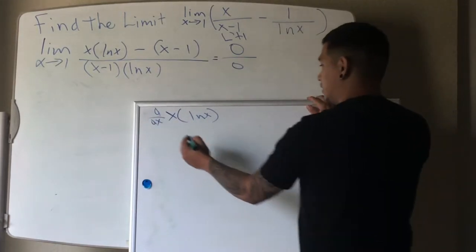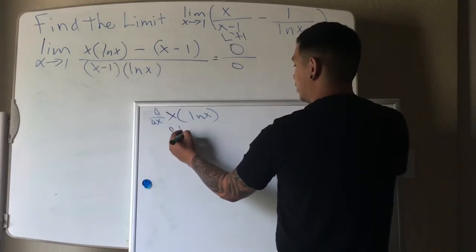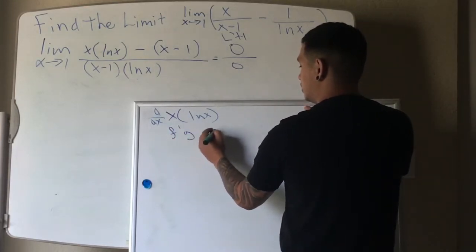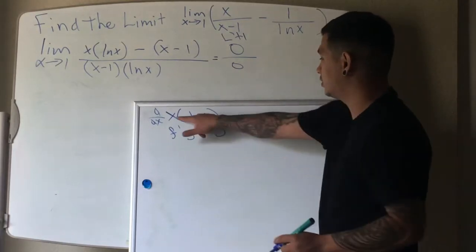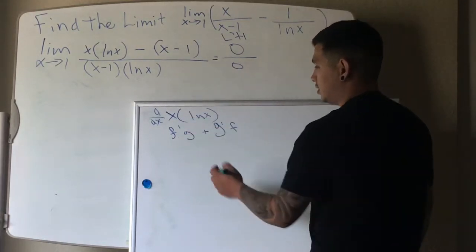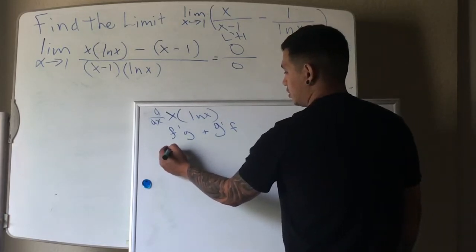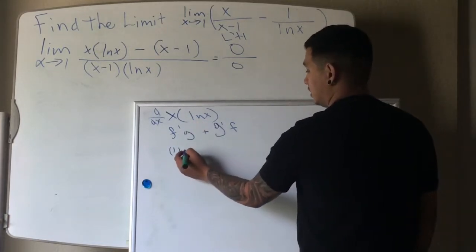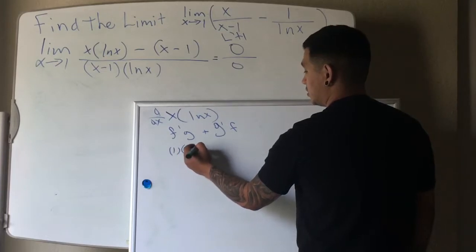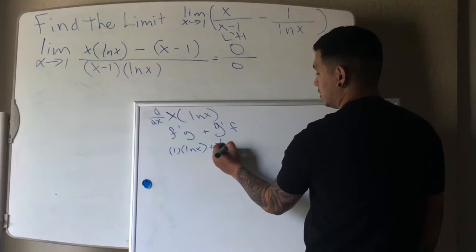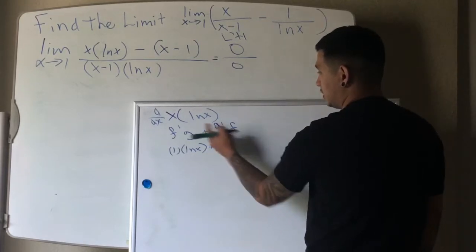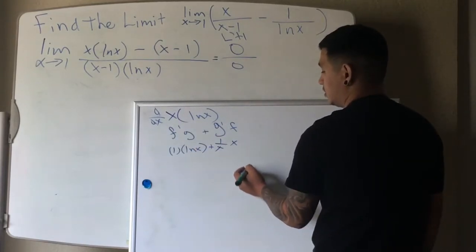So it says f prime g plus g prime f. So we're going to take the derivative of f, which is x, so this just becomes 1. And we're going to leave g, which is ln x. We're going to add the derivative of ln x, which is 1 over x, and we're going to leave f, which is x.